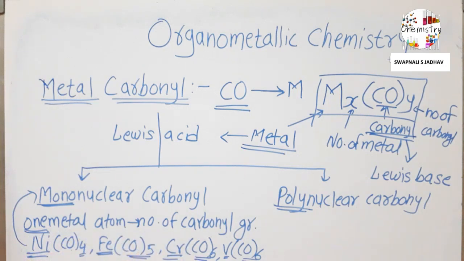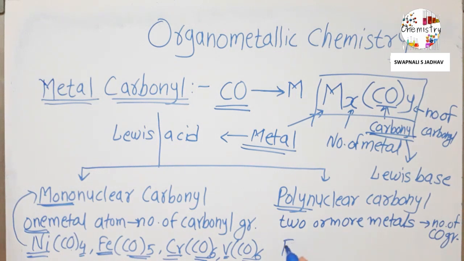So what is the definition of polynuclear carbonyls? Carbonyls in which two or more metals are attached to a number of carbonyl groups are called polynuclear carbonyls.